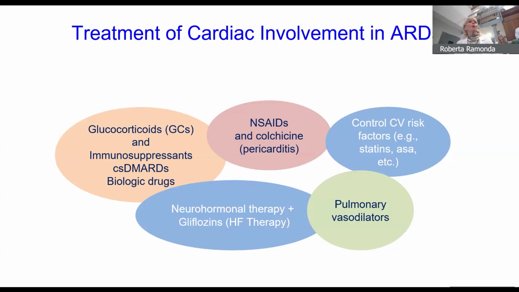About the treatment, when we treat these patients, we consider the rheumatic disease, and so it's important to treat with glucocorticoids and immunosuppressants, in particular conventional synthetic DMARDs or now biological drugs, but it is also important to treat the pericarditis, the involvement of the heart, with NSAIDs and colchicine.